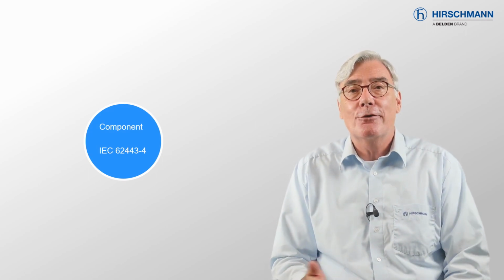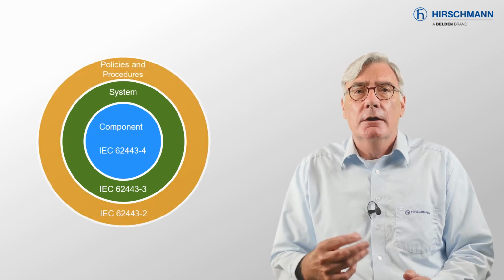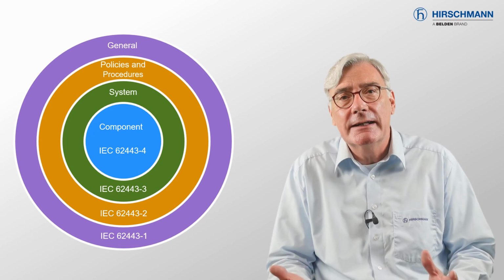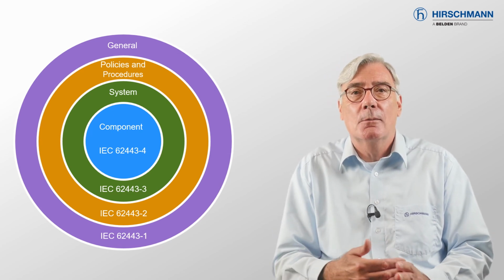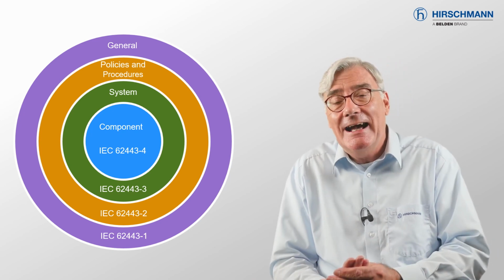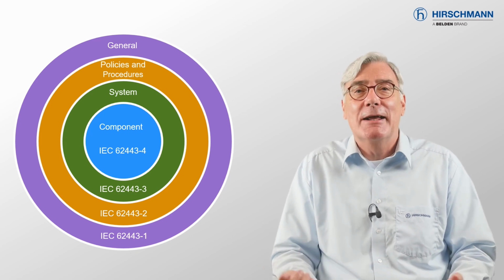IEC 62443 is the front runner to fill this position. Compliance to this set of standards is now being demanded across industries from factory and process automation, utilities, oil and gas, to transportation, and the list increases every day.